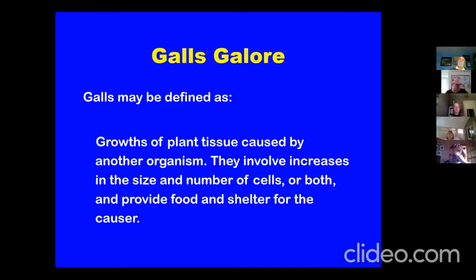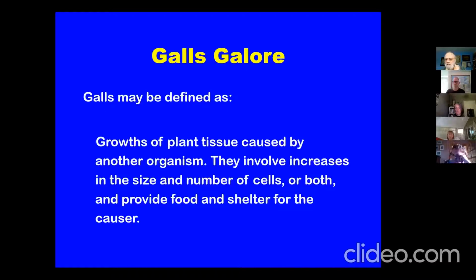And Ben mentioned leaf miners and a leaf miner event. Now, leaf miners cause damage that sometimes is very similar to a gall, looks very similar to a gall, but most of the leaf miners, all they are doing is eating plant tissue and sometimes moving it around.